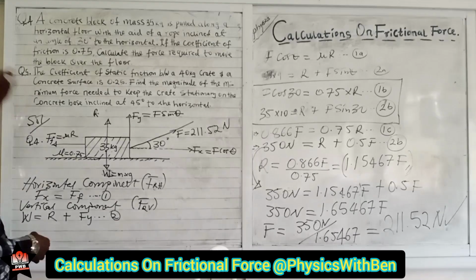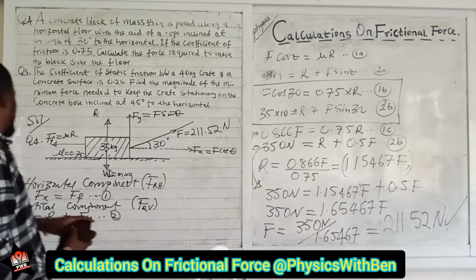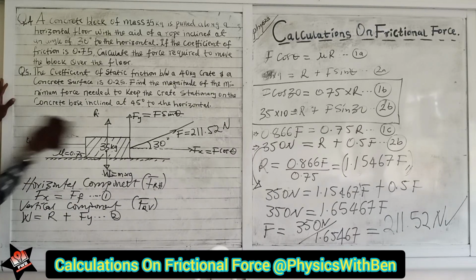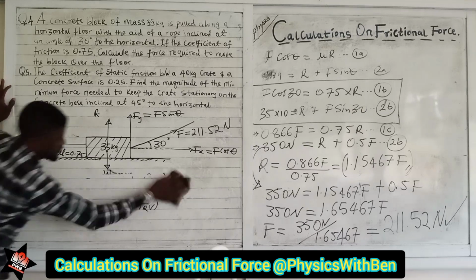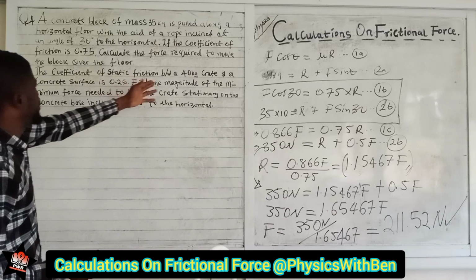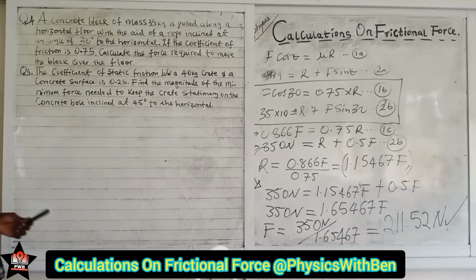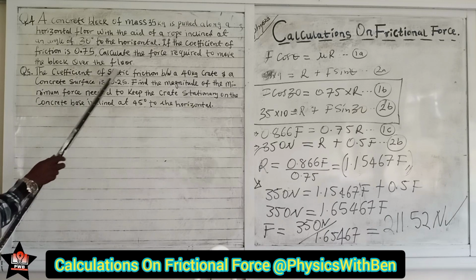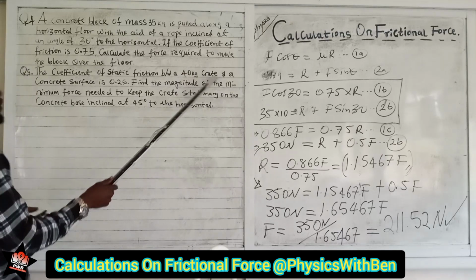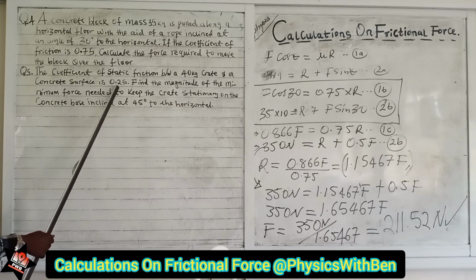The next is question number 5. Question number 5: the coefficient of static friction between a 40 kilogram crate and a concrete surface is 0.25.